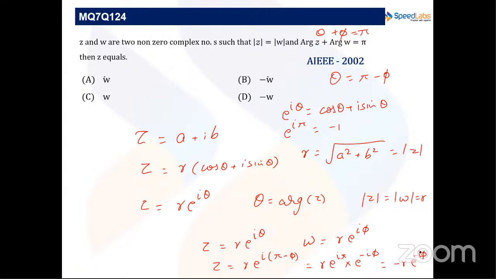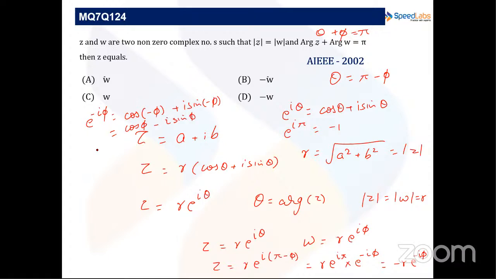So we can note that e to the power minus i phi will be equal to cos minus phi plus i sin minus phi. And we know that cos minus theta is cos theta. So cos minus phi is cos phi and minus i sin phi.